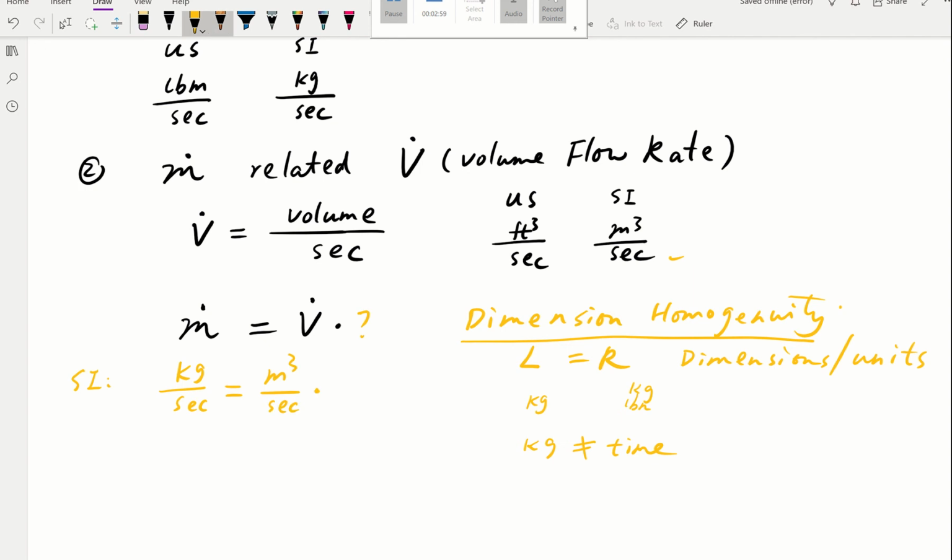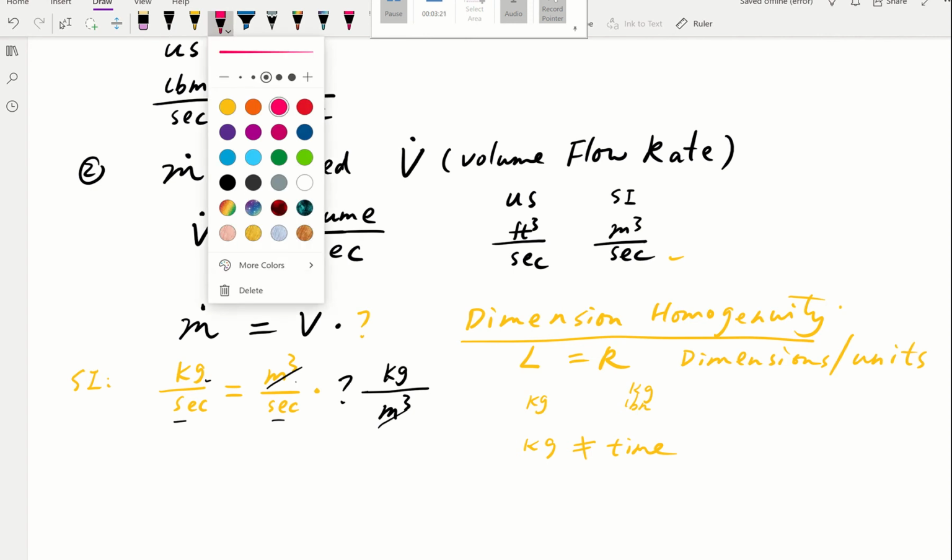Then what will be this missing link? Let's just play with it. They both have seconds. However, this has meter cubed, so we're going to put meter cubed at the bottom so it can be canceled out, and we want to get kilogram on the top. So looks like we have a solution now.